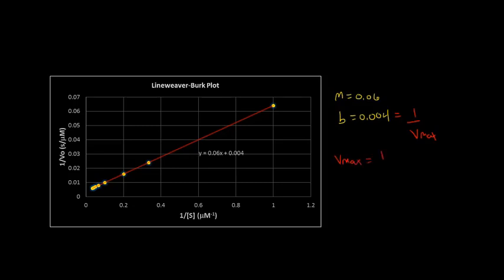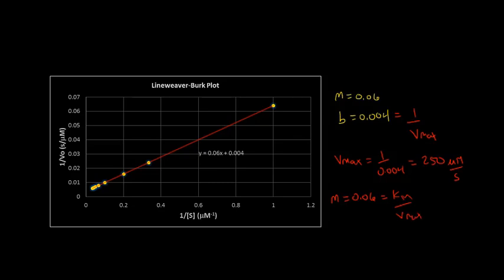So Vmax equals 1 divided by 0.004, and this ends up being 250, and the unit here is micromolar per second. So we now have our Vmax exactly. We can determine Km because we know the slope, so m is 0.06, and this equals Km divided by Vmax.